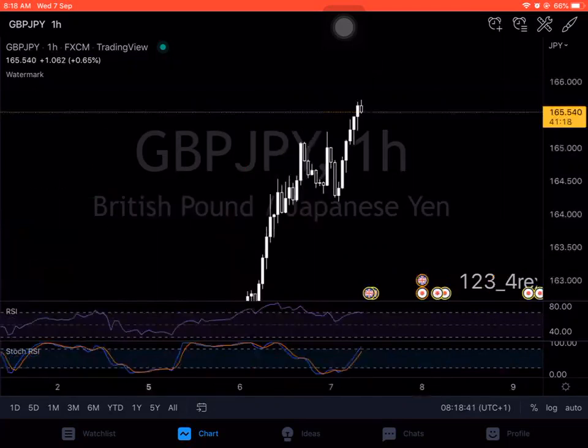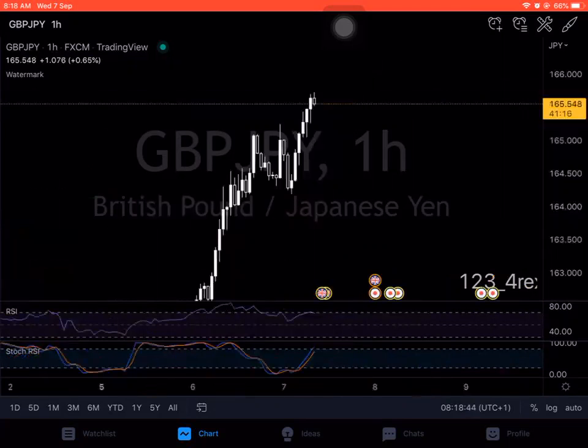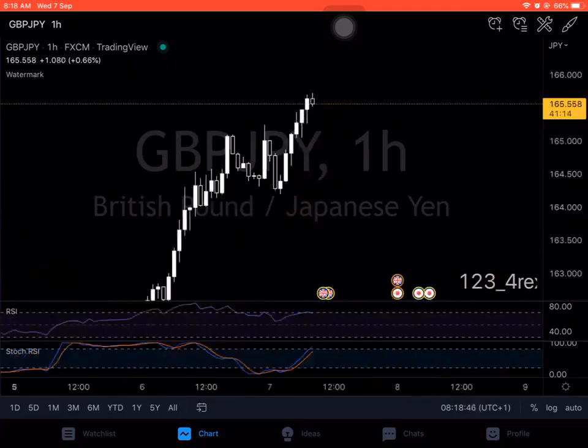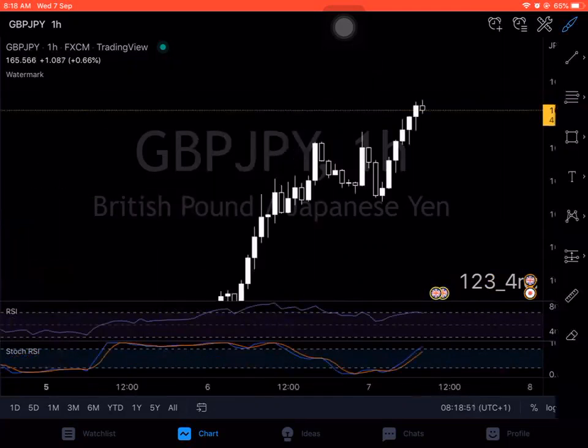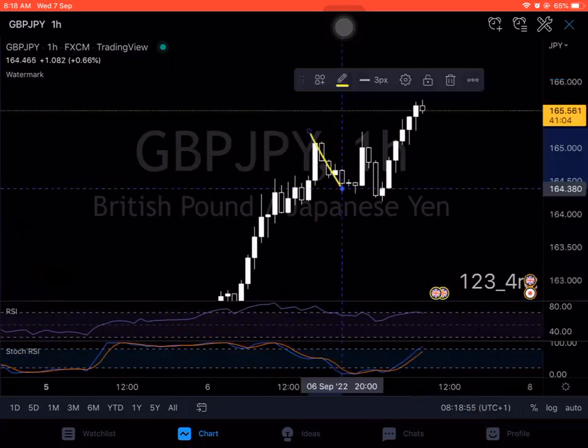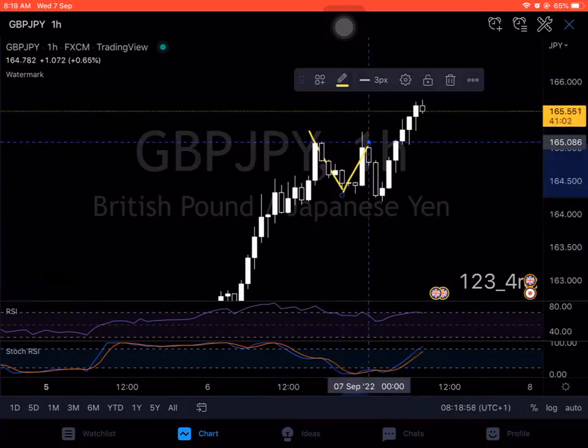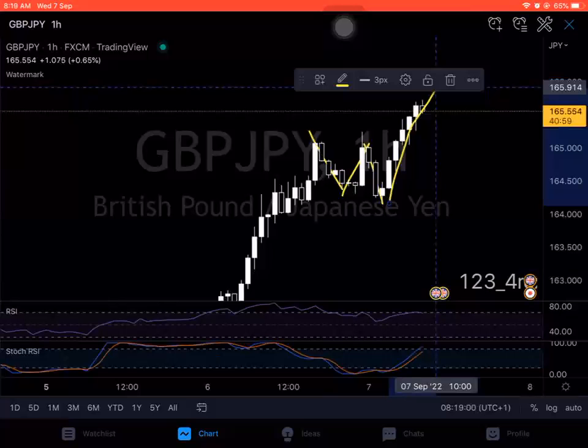Okay, so GBP/JPY, this is basically what we have. Here's my drawing. We had a push, more like a short retracement. So it pushed up, failed to create a high, pushed down, and then now it's created a high.